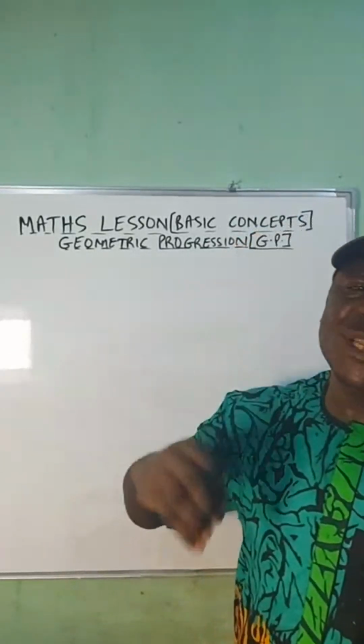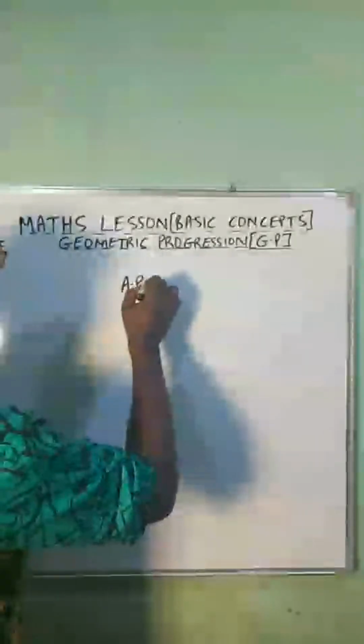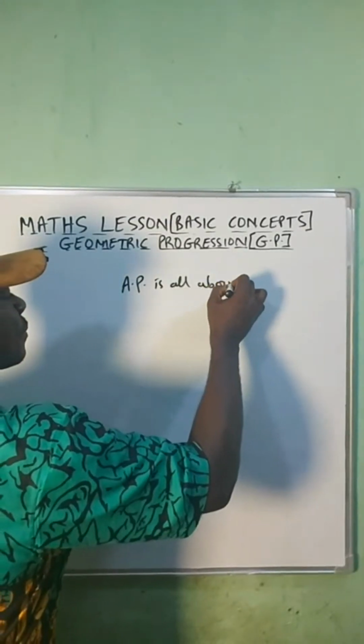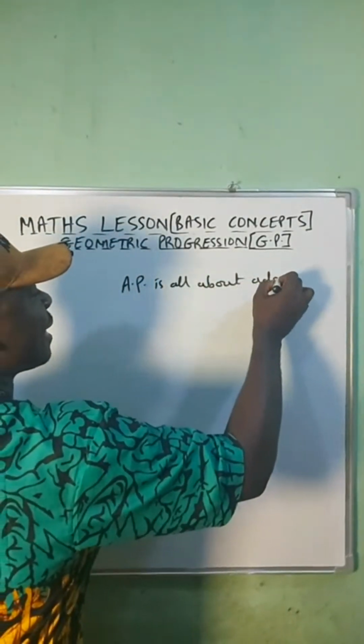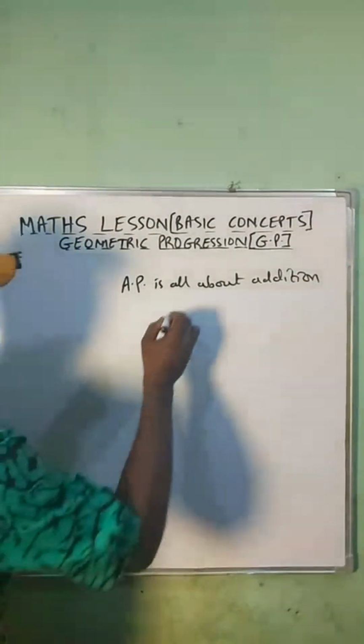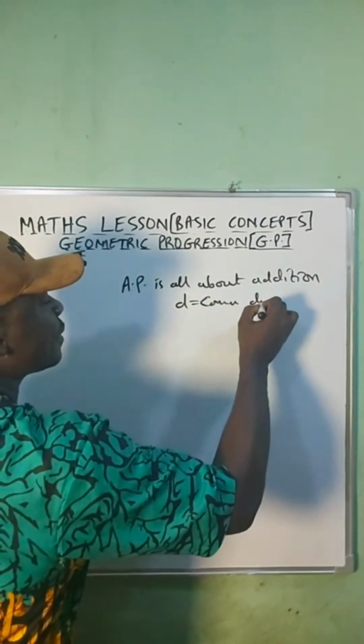And the opposite of multiplication is what? Division. So AP is all about addition, so that's why we use d, which means common difference.